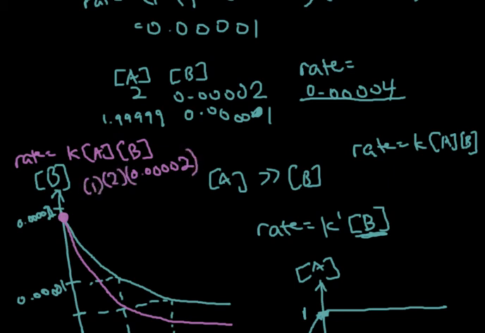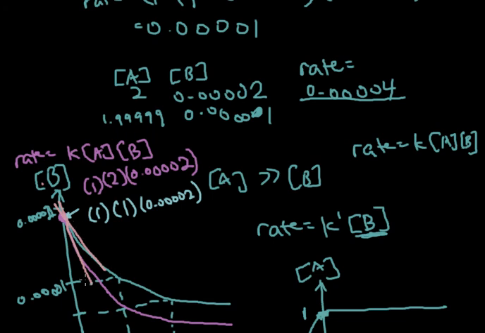Compare that with the first reaction where you had 1 times A, which was 1, and 0.00002. So the rate actually doubles at this point of time, right? So if the rate doubles, we know that the instantaneous rate, or the gradient of the graph, here must be twice as steep, because the rate at this point is double the rate at this point.